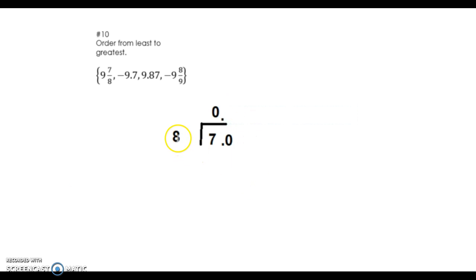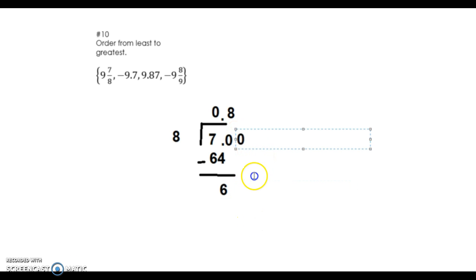And now 8 goes into 70 how many times? Well, 8 times 8 is 64. 8 times 9 is 72, so 9 would be too much. So we have 8. 8 times 8, like I said, was 64. Now we subtract 70 minus 64. That'll be 6. We're not done yet.